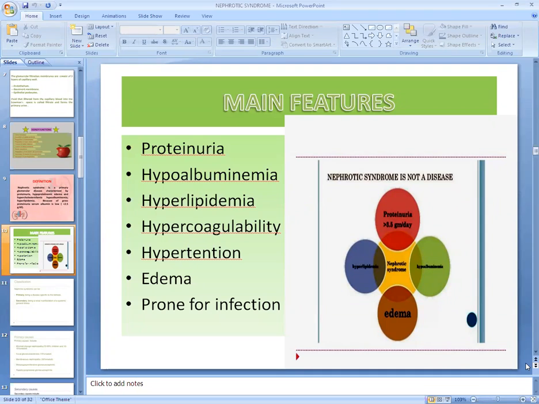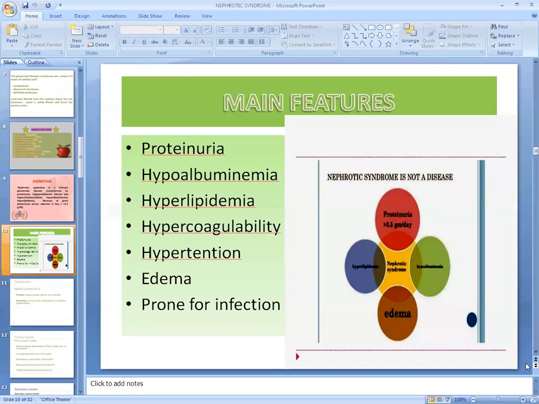Then hypercoagulability, hypertension is there, edema is there, and these patients are prone to infection. Remember, these are very important features of nephrotic syndrome: proteinuria, hypoalbuminemia, hyperlipidemia, hypercoagulable state. Hypercoagulation means blood clots form very early.